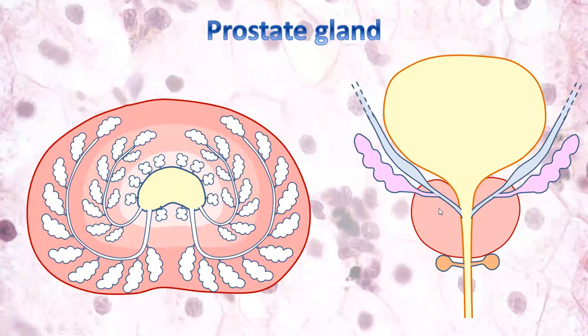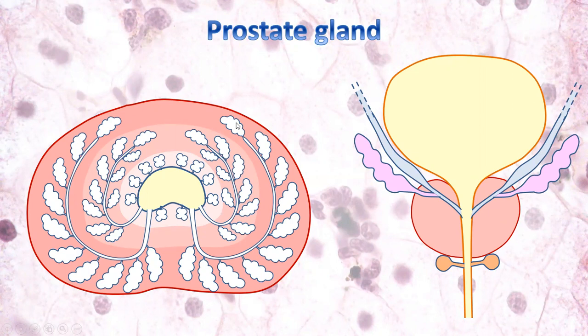The next gland is the prostate gland. The prostate gland is a specific gland which has some specific functions. It's at the same time an exocrine and endocrine gland, and also a muscular sphincter. So let's look at the first function, the exocrine function.